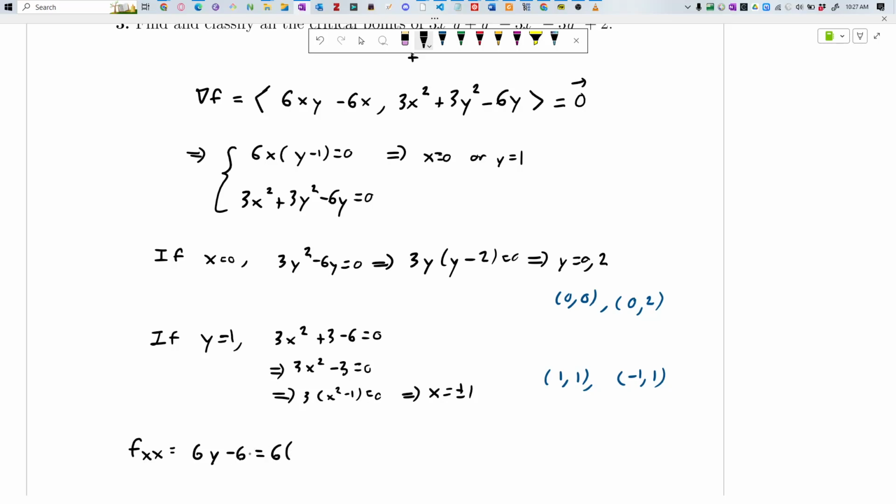And maybe for plugging in purposes, I'll factor out the 6. Okay. Let's do f sub y. So that's going to be 6y minus 6. Really? I'm just going to check that again.